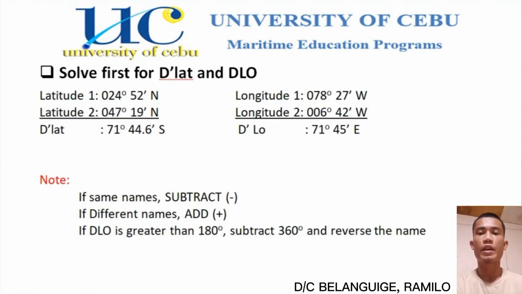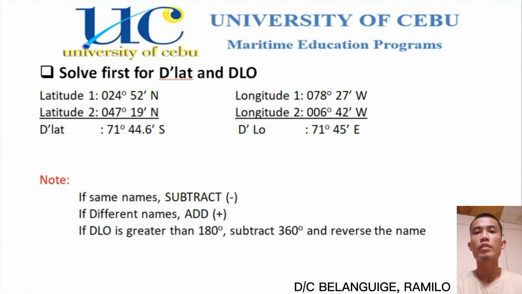Hi everyone, this is Cadet Belangigi, and I am going to show you how to calculate for the DLAT and the D-long. First we have the latitude 1, which is 24 degrees and 52 minutes north. The latitude 2 we have 47 degrees and 19 minutes north.